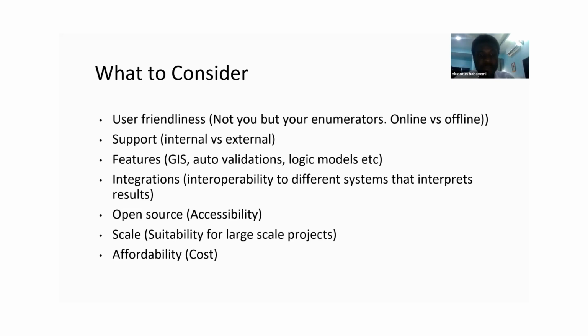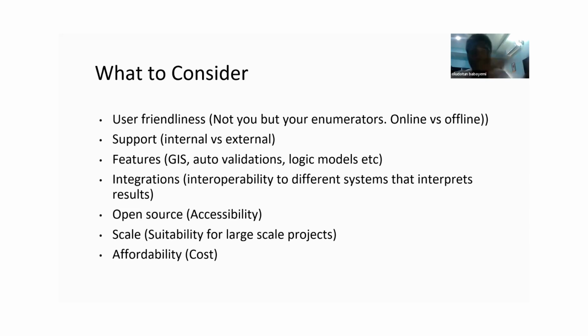For example, Google Form is available online. You can only do a makeshift of it and make the paper format available offline. Kobo Collect, SurveyCTO, they are available offline, which means where there is no internet, it can be used.